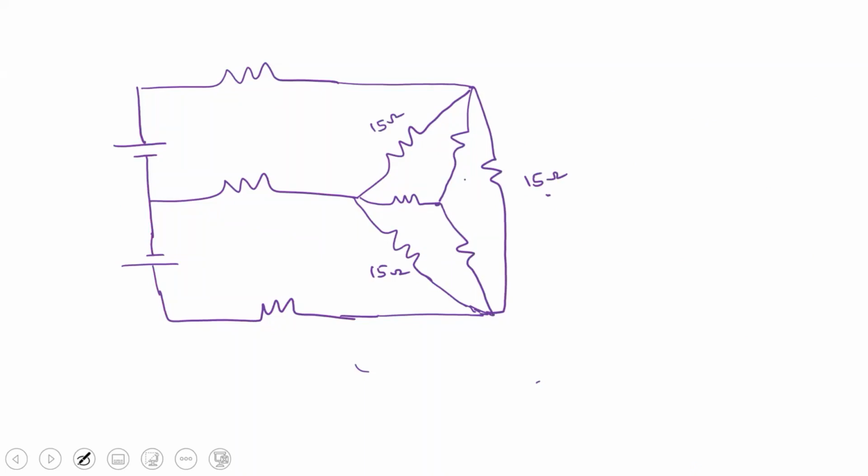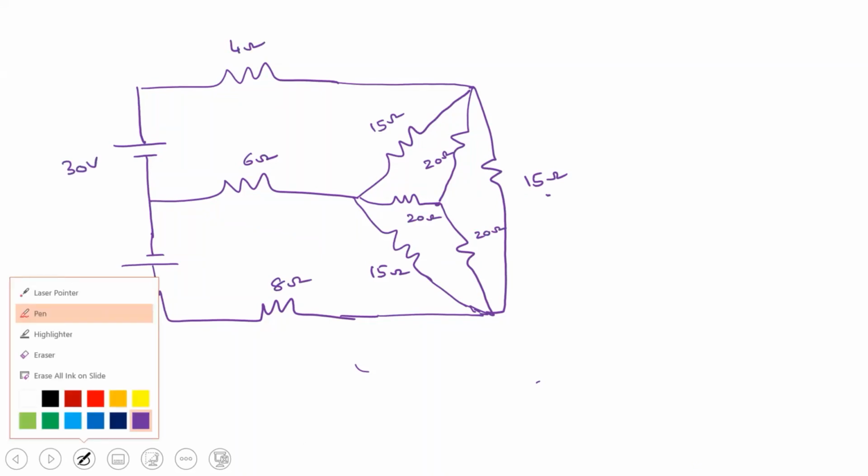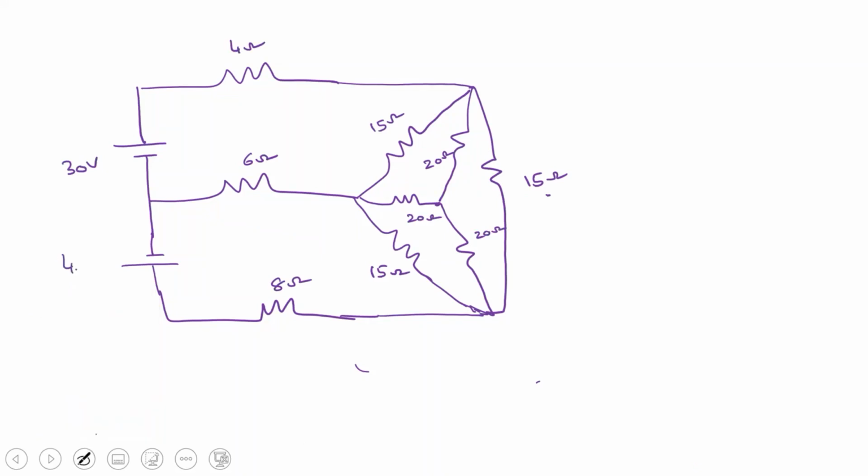And the middle ones are 20 ohm, and this is 20 ohm, and this is also 20 ohm. We have this 8 ohm, this is 6 ohm, and this is 4 ohm. And this is 30 volts and this is 40 volts. Say this is I1, this is I2, and this is I3. So find out I1, I2, and I3.